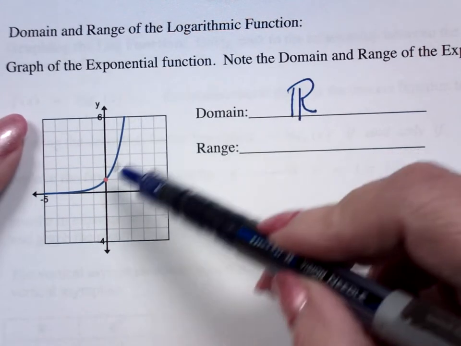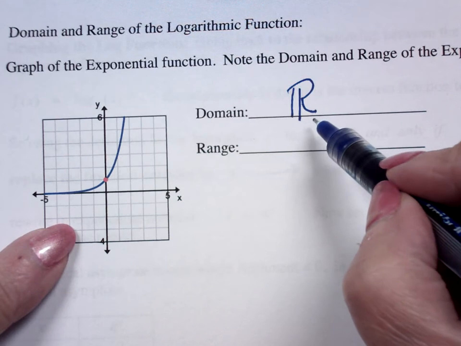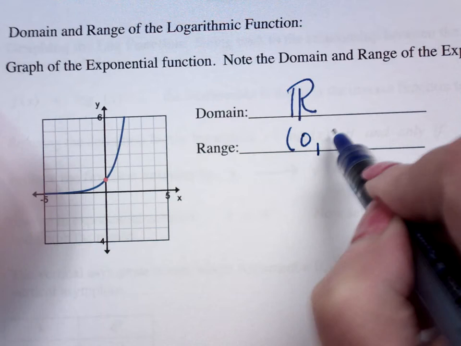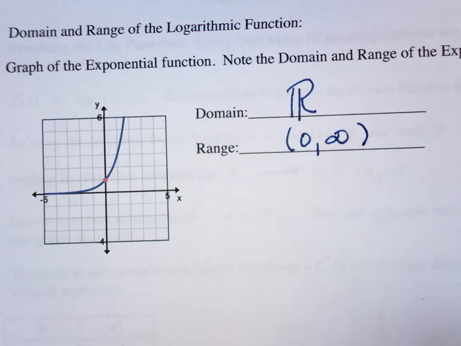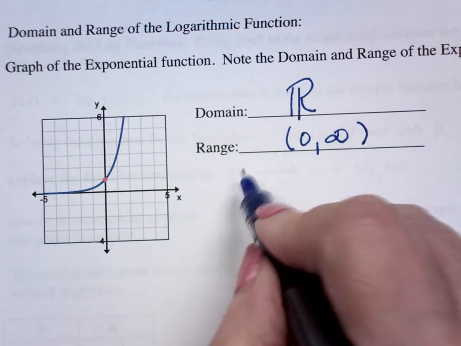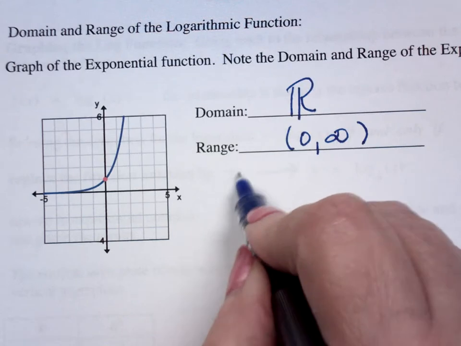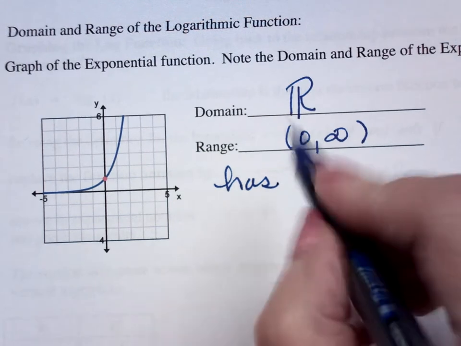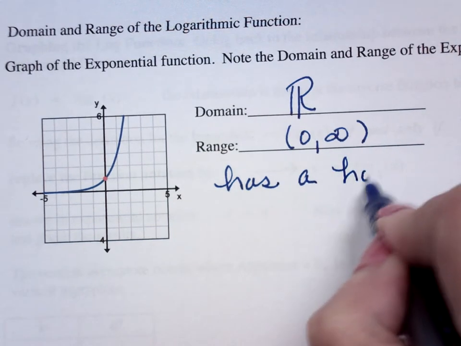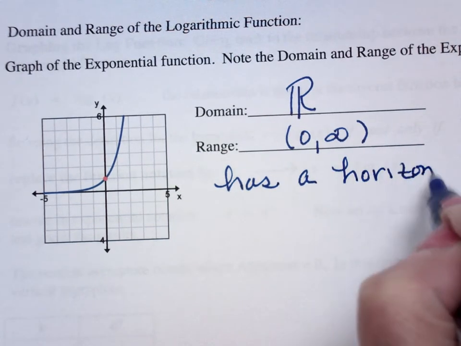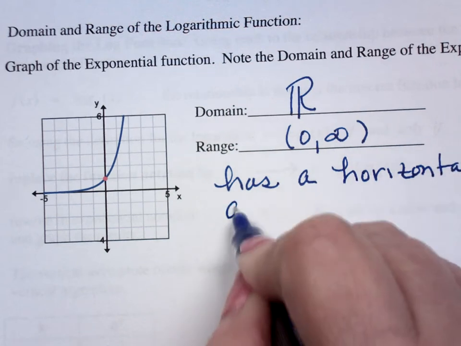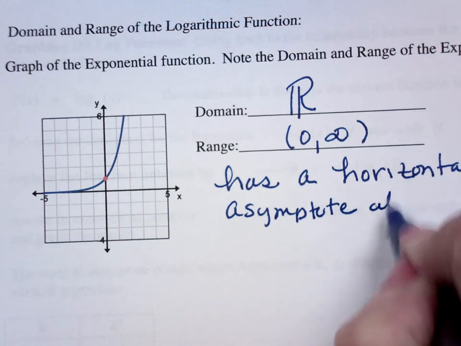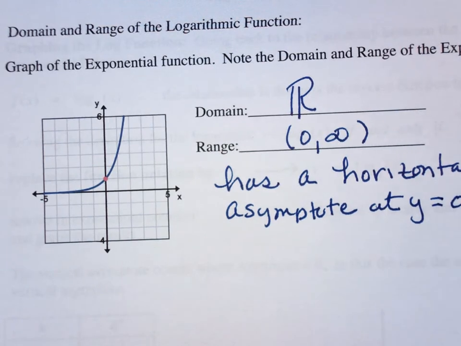If I look at the graph of the exponential function, the domain is all real numbers. What's the range? 0 to infinity. We said that the exponential function has what we call a horizontal asymptote at y equals 0.